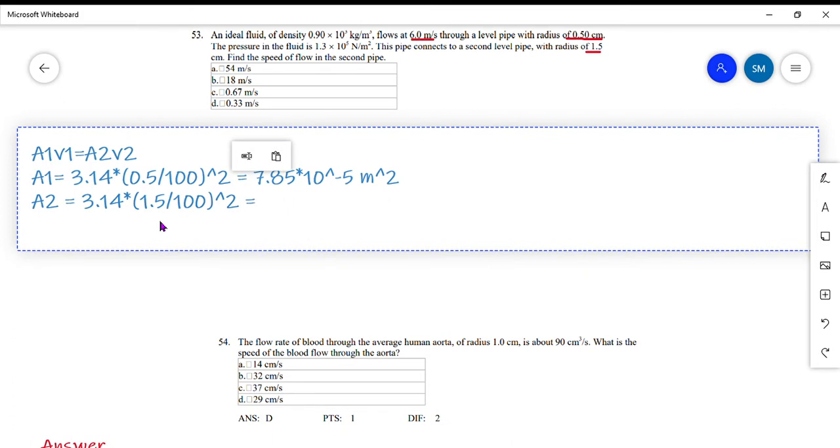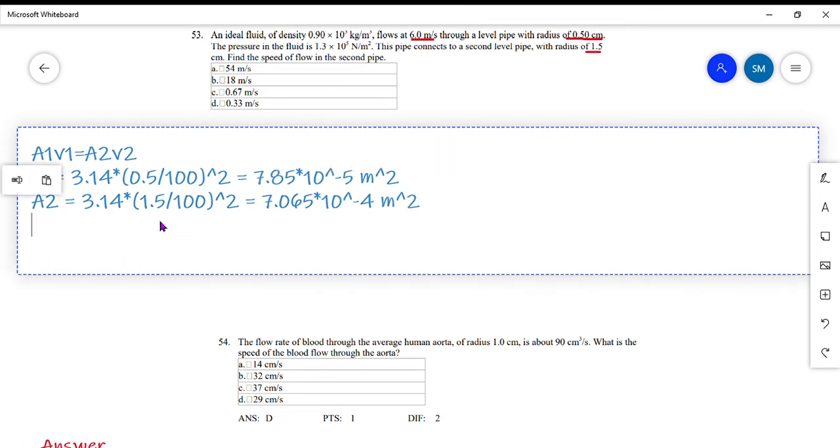So A2 is simply 7.065 times 10 to the power negative 4 meter squared. And V1 in the givens is 6 meters per second.